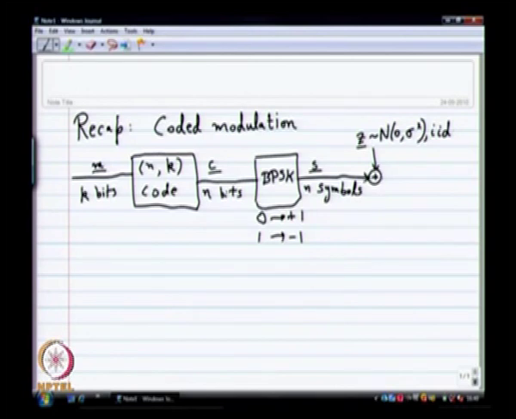And we get a received vector R, and essentially in coded modulation we will run a decoder that works on R and produces, let us say, a C cap, an estimate of C. So, this is the idea.